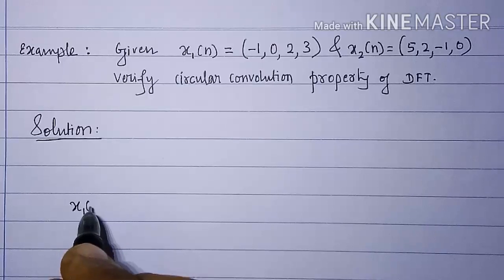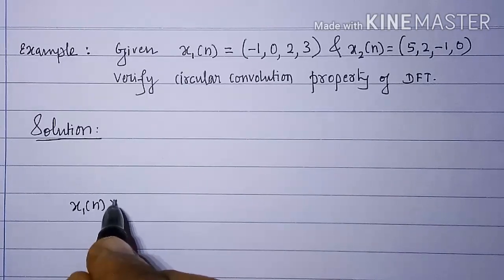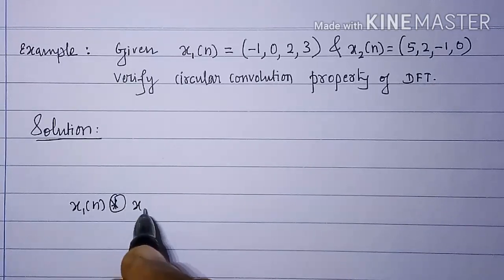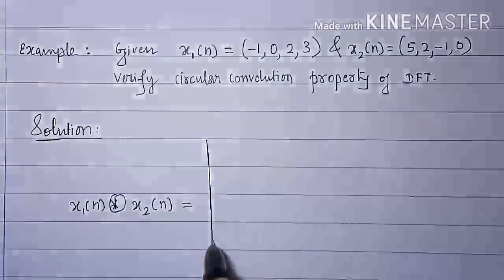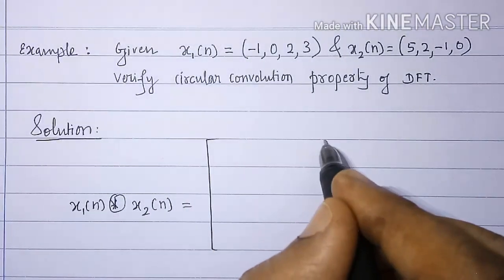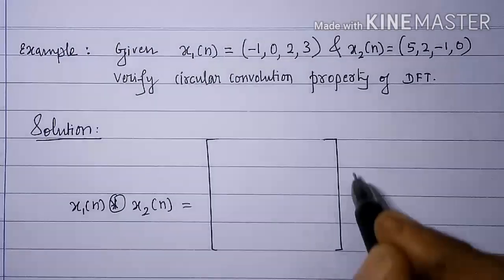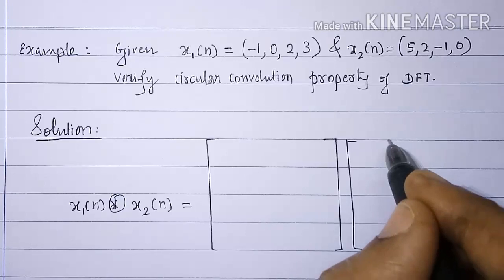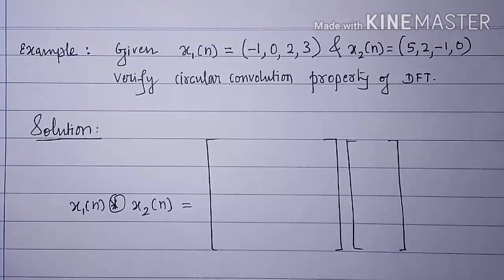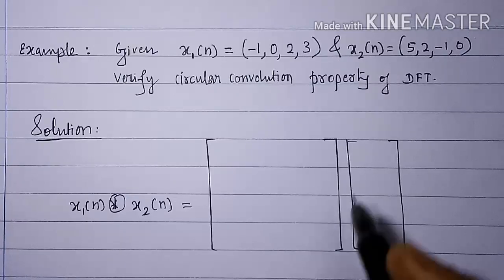So right here x1 of n circularly convolved with x2 of n equal to, in one matrix you have to write circularly shifted x1 of n, and in another matrix you have to write x2 of n.